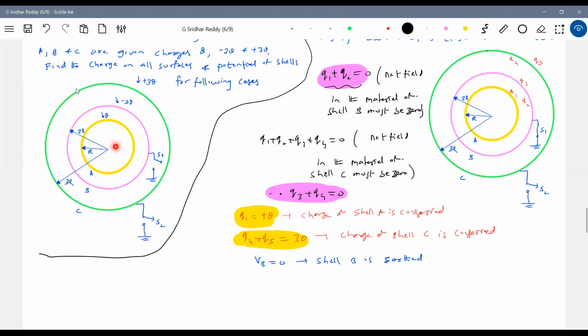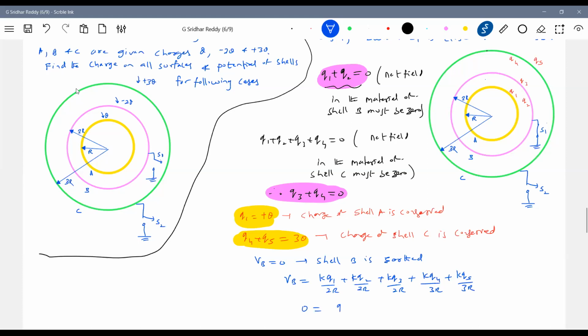The potential of shell B should be equal to K Q1 by 2R, K Q2 by 2R, K Q3 by 2R, K Q4 by 3R, K Q5 by 3R. Everything should become equal to 0.